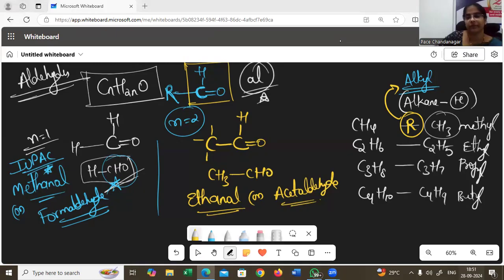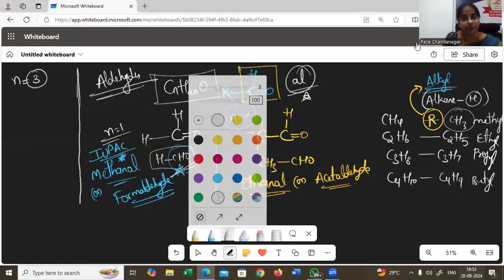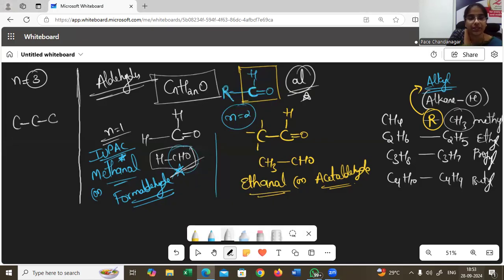Similarly, I want you to try N equals 3 and 4. Pause it and try. If you have not, I am showing you. N equals 3, 3 carbons, and the aldehyde is the CHO group. You need not always show the CH on top; you can show it as C double bond O and H. It is also the CHO group.